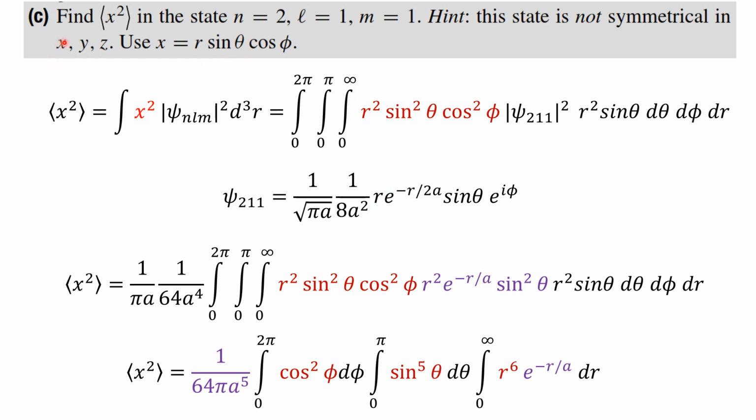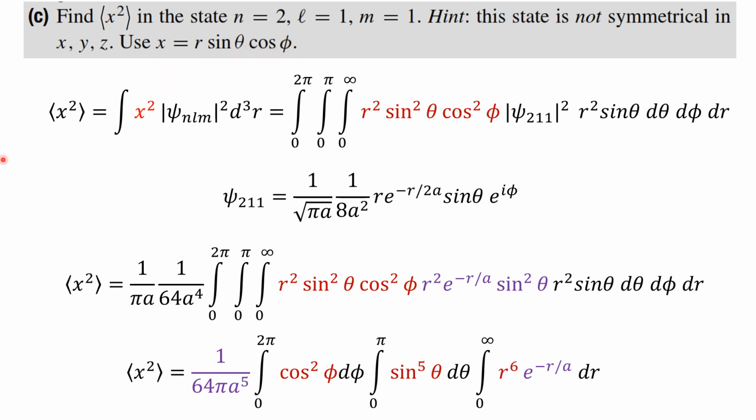Now part C is: find the expectation value of x squared in the state n equal to 2, l equal to 1, m equal to 1. See, in the earlier case l and m are 0, a symmetrical case. So this is not a symmetrical one. Then we know x is equal to r sine theta cos phi.